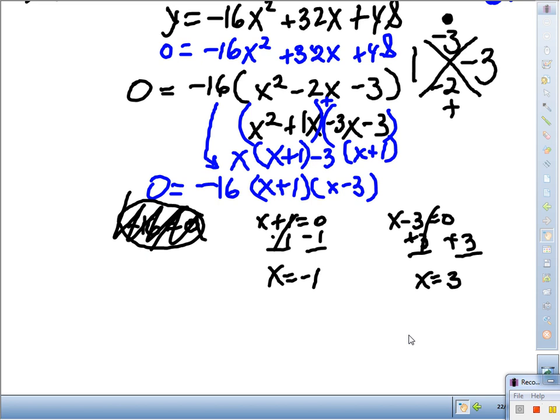All right, let's see. Which one won't we use? Go ahead, Samantha. Why negative 1? Yeah, but what's so special about negative 1? Why can't we use it?